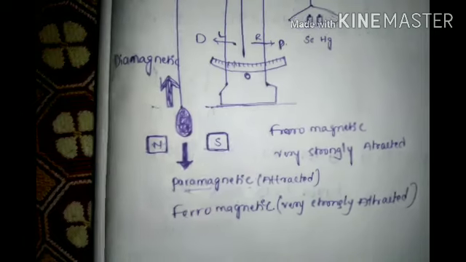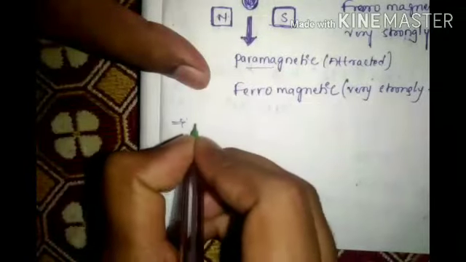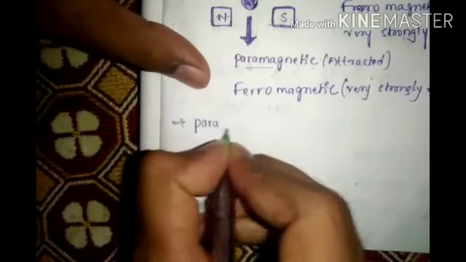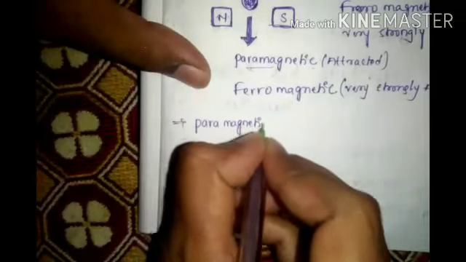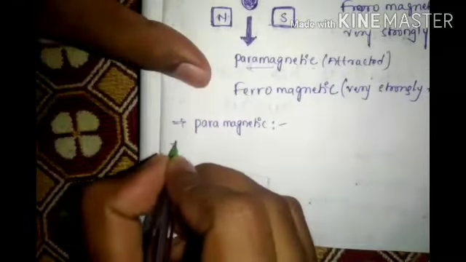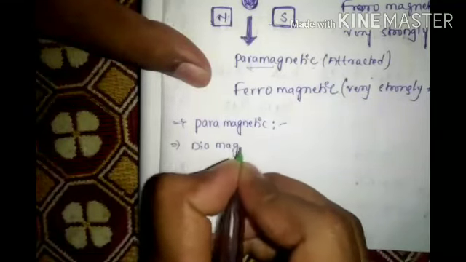and one more definition also we know, a simple definition. It is called paramagnetic and diamagnetic. What is diamagnetic?